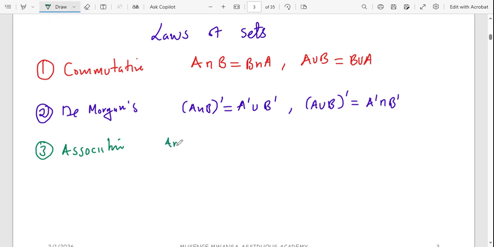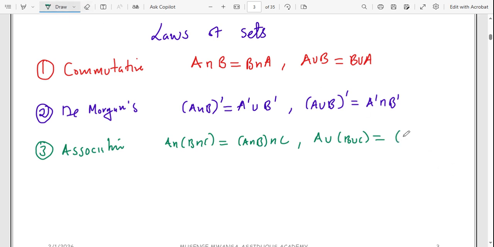So if I've got A intersection B intersection C, it's going to be the same as A intersection B intersection C with the grouping changed. And that's the same if I've got union. A union B union C is the same as A union B union C with a different grouping.